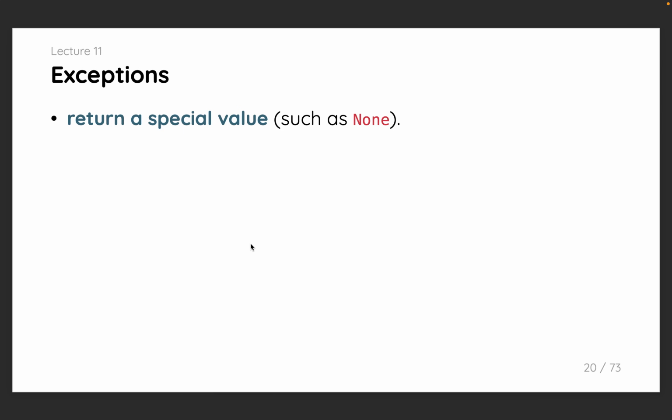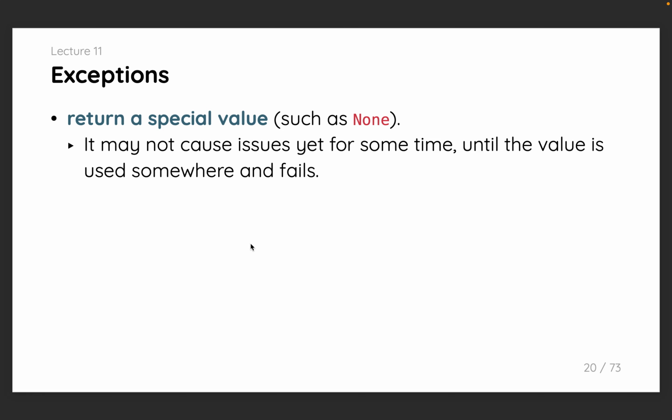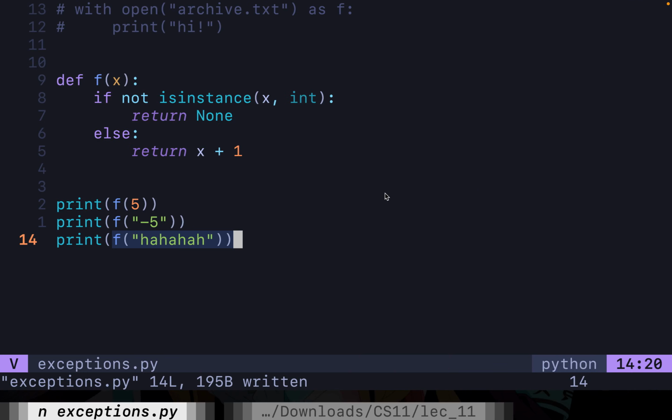Is this a better alternative? Well, you could say that, yeah, it might not cause issues yet. If it's illegal, then you have to deal with None instead of an actual value. This might be fine until, for example, in more complex programs, it might accidentally do stuff like this.